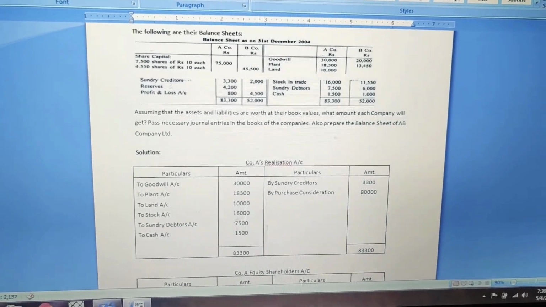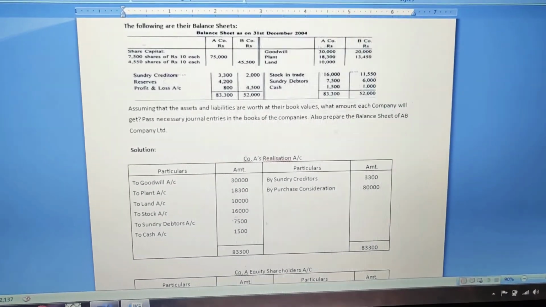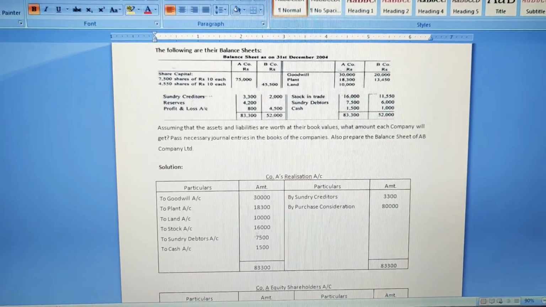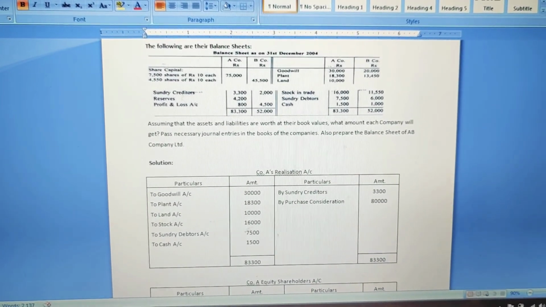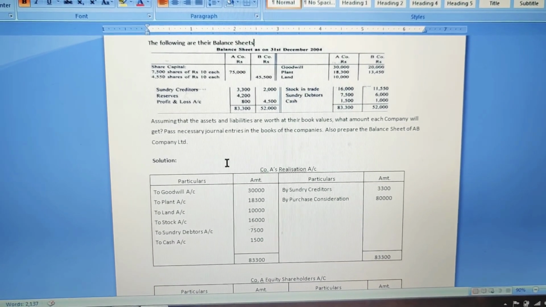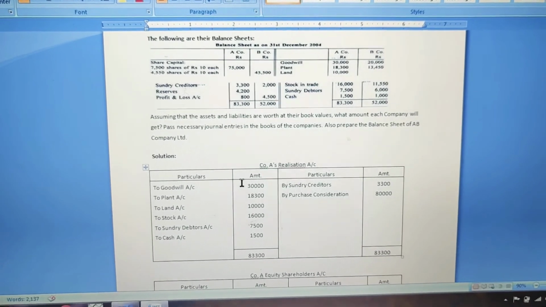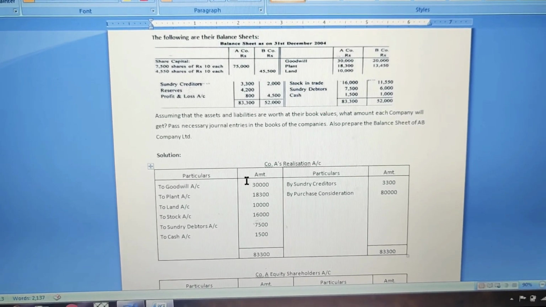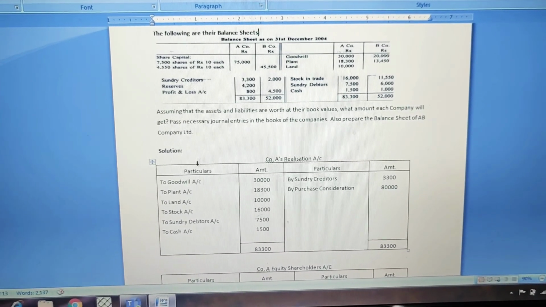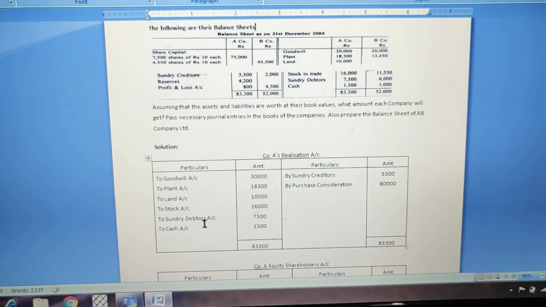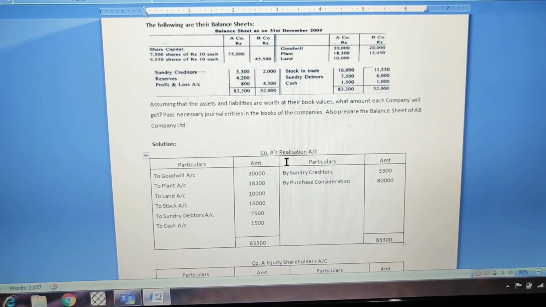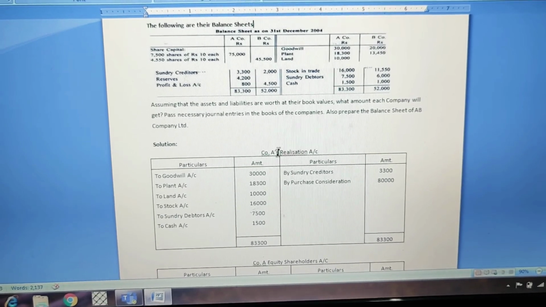See here, when you make company A's realization account, you will pass all the assets on the debit side of the realization account. If you remember, you already did this kind of thing in your 12th class, when you did the dissolution chapter in partnership accounts, and you made this realization account.